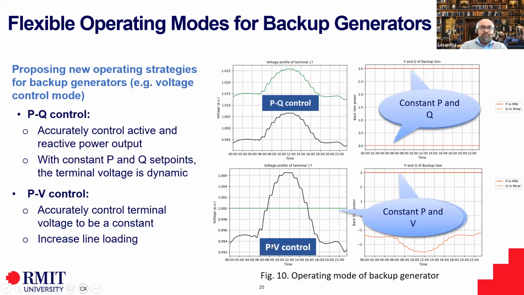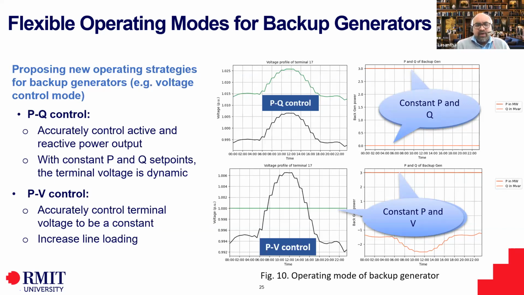If you apply PV control, which maintains the active power constant as well as the terminal voltage constant, you can see the voltage can be maintained constant throughout the day. So that is one advantage: the voltage does not change with time if you apply PV control, so in such situations you can improve the export capacity and also mitigate the network constraints.